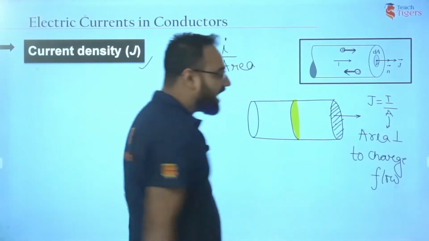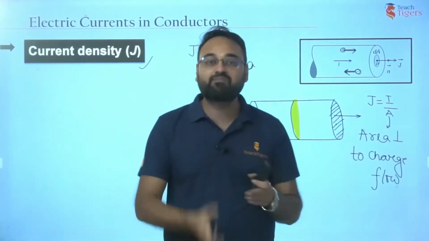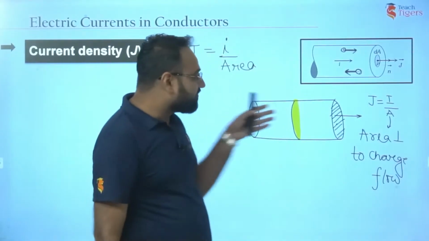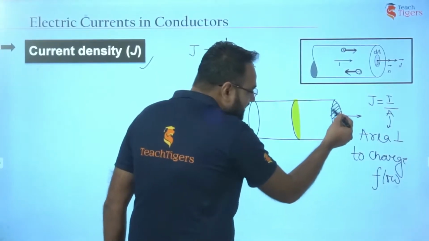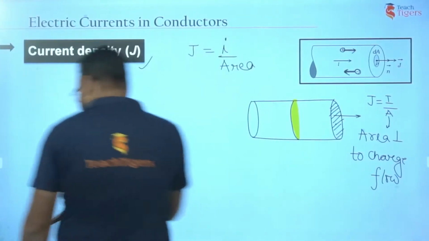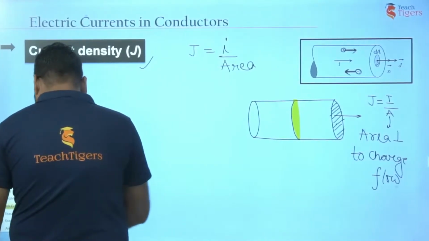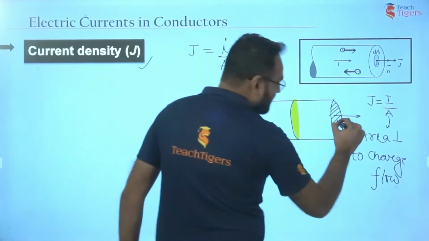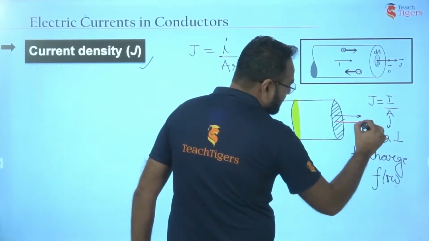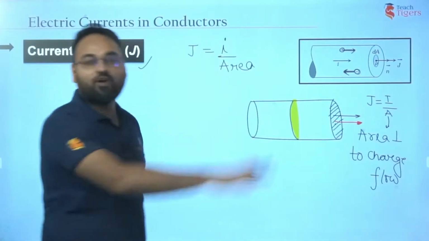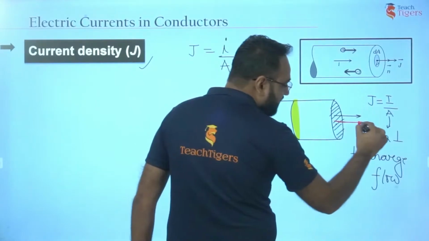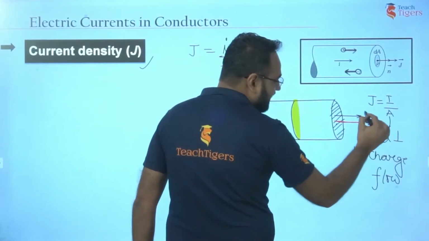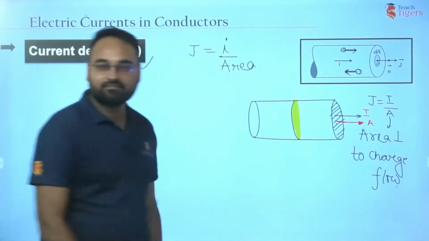That means we have to consider the area which is perpendicular to the flow of charge. We have seen in our previous lectures that the area vector is perpendicular to the surface and outwards. So if I am observing it from here, this will be my area vector, and this is the current.